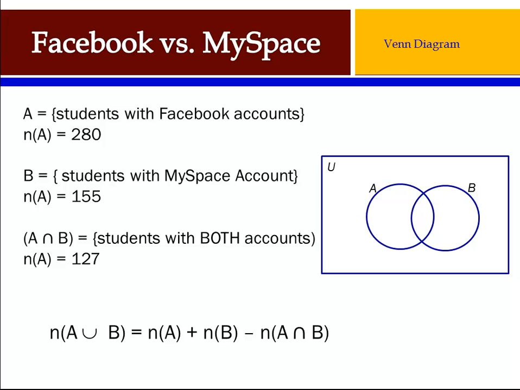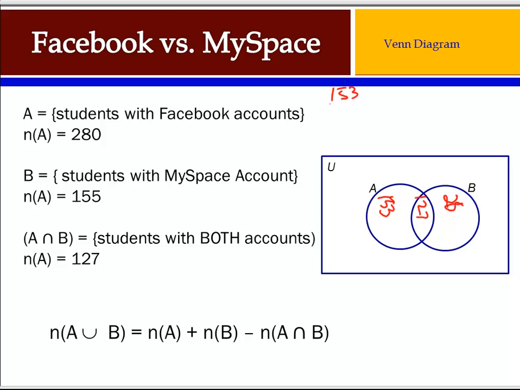So remember, from the Venn diagram, we had written 127 in our overlapping area, and that meant that there were 153 additional elements in set A, and that there were 28 elements in B. And that would actually be our answer. 153 plus 127 is the 280, and the 280 plus 28, 308, is actually the number of students surveyed.